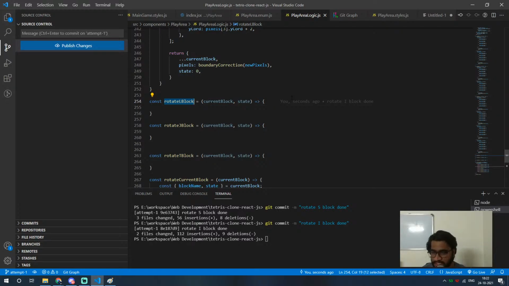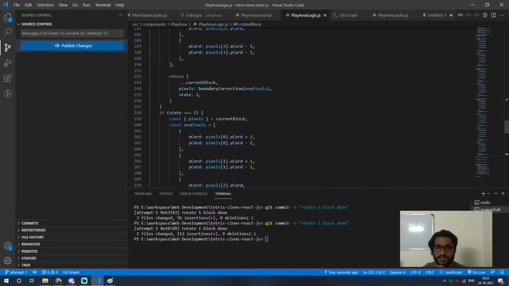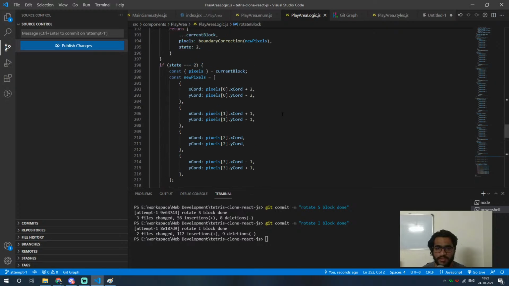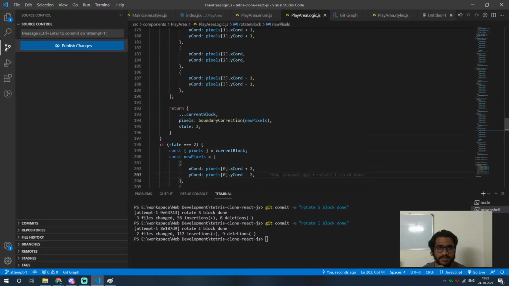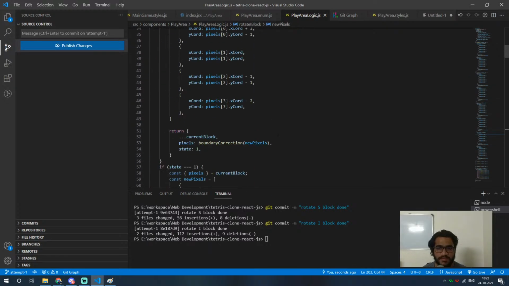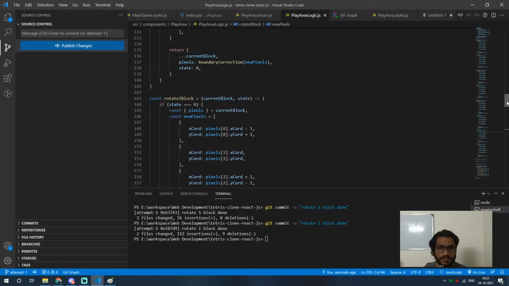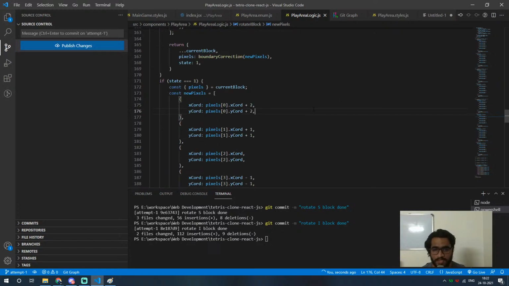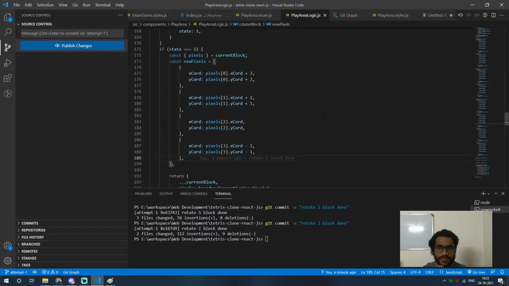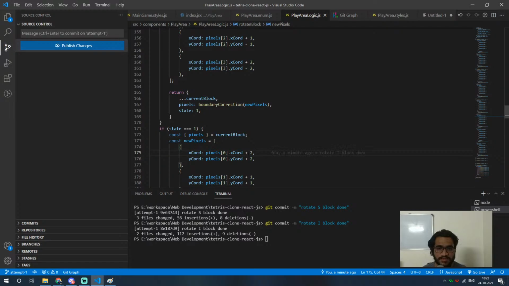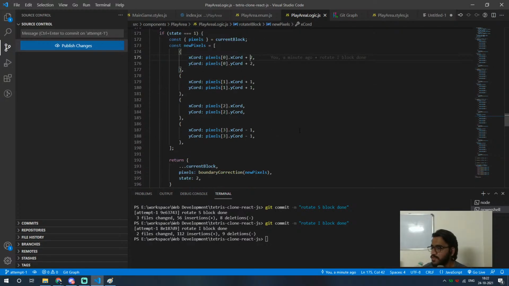There are going to be 3 transitions, 4 states, and these minus and plus would remain the same. Not the same. The only logic that we need to work on is the minus coordinates and plus coordinates. That's it.